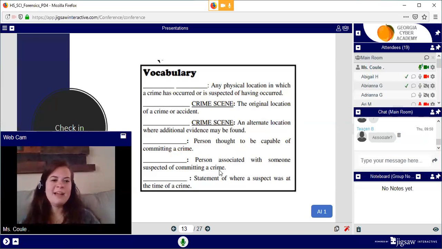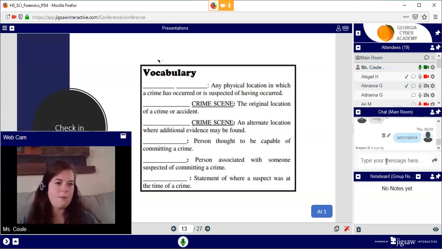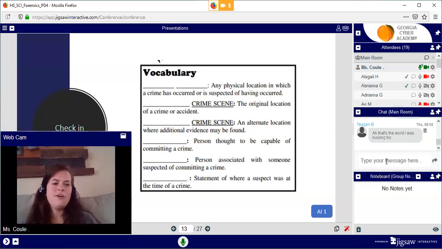We're almost there. I don't think we've talked about this word in this class yet. That would be an accomplice, okay? Accomplice. And let me type it in the chat. Accomplice.